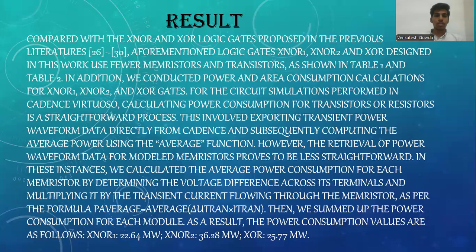In these instances, we calculated the average power consumption for each memristor by determining the voltage difference across its terminals and multiplying it by the transient current flowing through the memristor. As per the formula, we then summed up the power consumption for each module. As a result, the power consumption values are as follows.